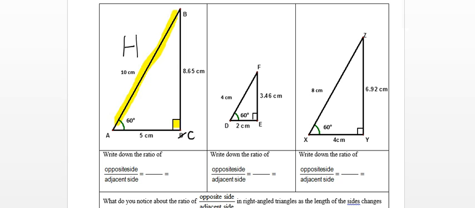With respect to the reference angle 60 degrees, angle BAC, where is the side that is opposite to this angle? BC is the opposite. And where is the side that is adjacent to the angle BAC? AC is the adjacent.